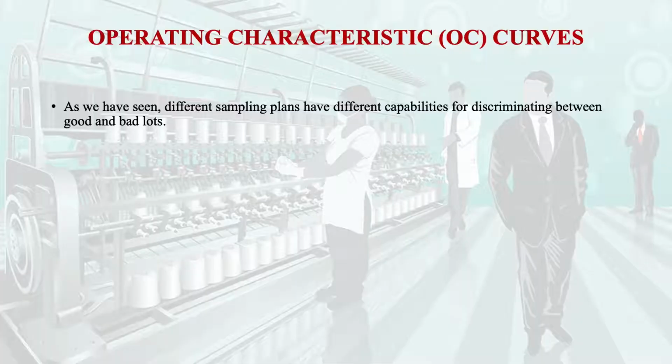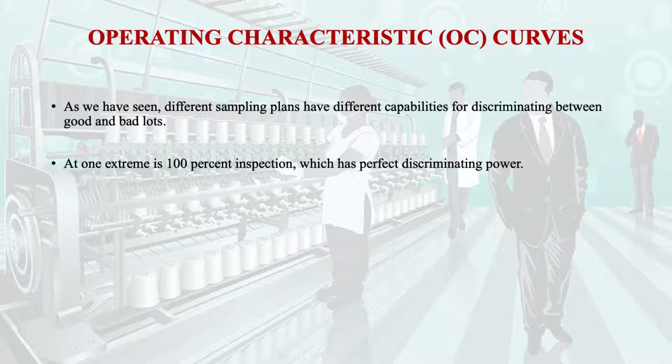In the OC curve, we will see how different sampling plans have different capabilities for discriminating between good and bad lots. A good lot is a lot which contains a good percentage of non-defective items, while a bad lot is a lot which contains a quite high percentage of defective parts.